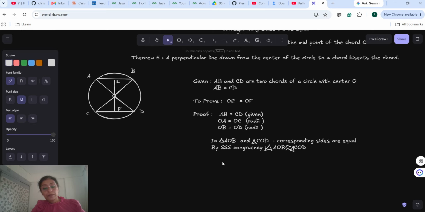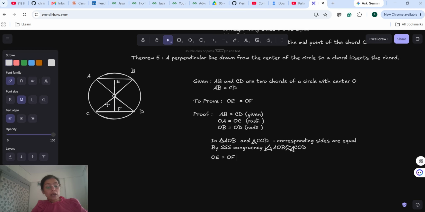So here OE is the distance from the center of the circle to that chord. This means we have drawn a perpendicular, it is an altitude on that chord. And similarly, OF is the altitude on the side CD of the triangle OCD. OE is the altitude on the side AB of the triangle AOB. OF is the altitude on COD.